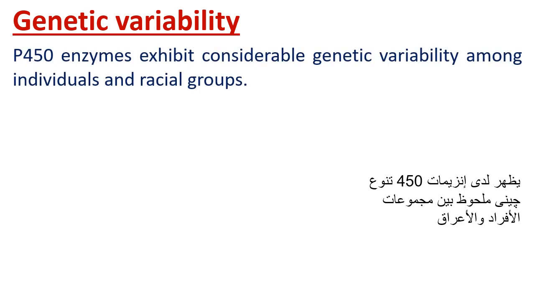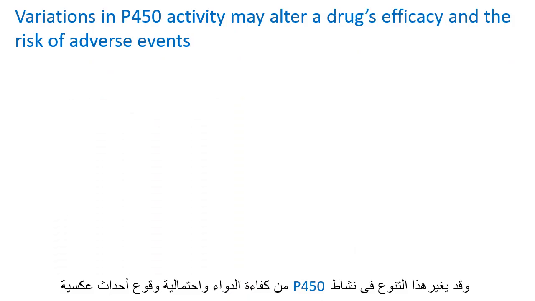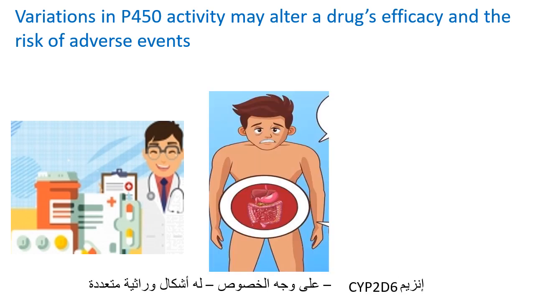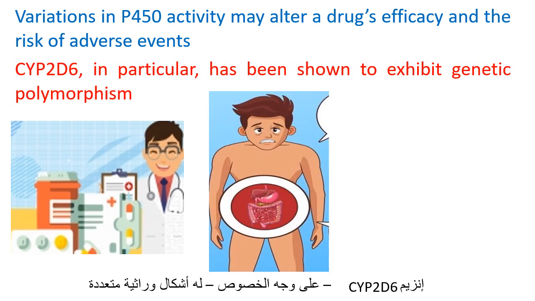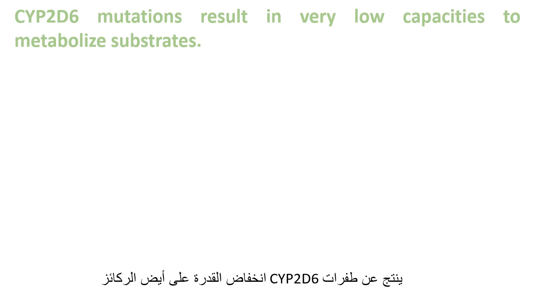Genetic variability. P450 enzymes exhibit considerable genetic variability among individuals and racial groups. Variations in P450 activity may alter a drug's efficacy and the risk of adverse events. CYP2D6, in particular, has been shown to exhibit genetic polymorphism. CYP2D6 mutations result in very low capacities to metabolize substrates.